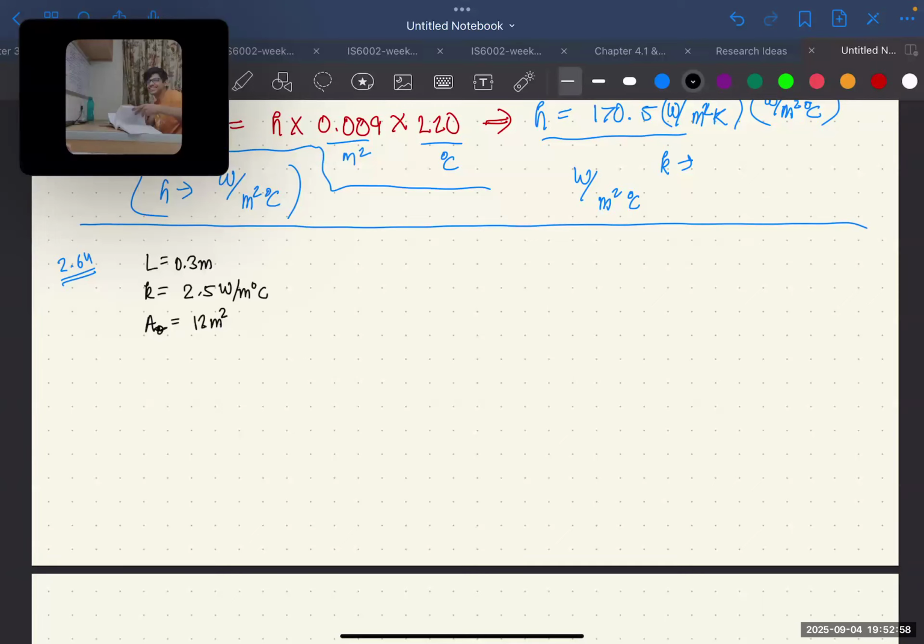So the left side, let's draw the wall. The left side of the wall at x equal to 0. So this point is x equal to 0 and x is increasing like this. At x equal to 0 it is subjected to a net heat flux of q dot naught equals 700 watt per meter square.